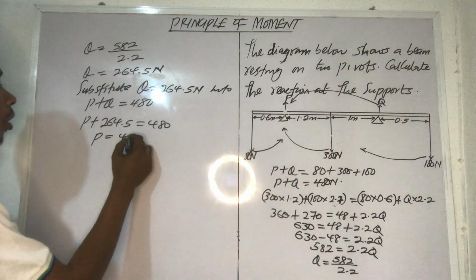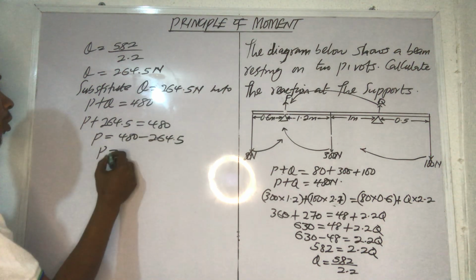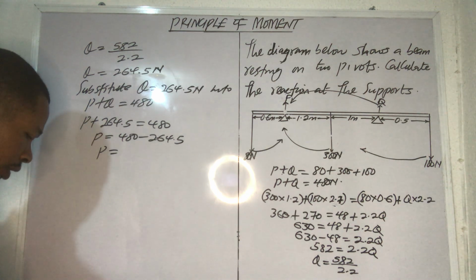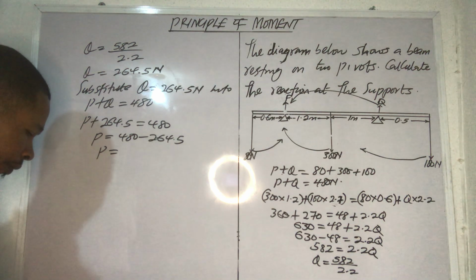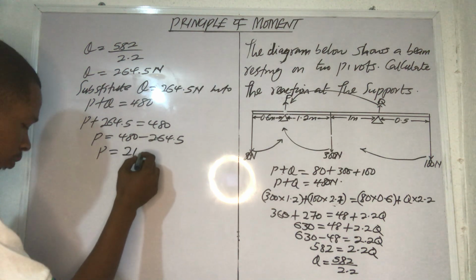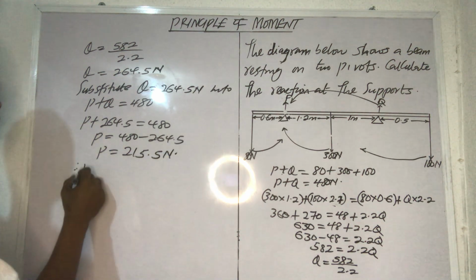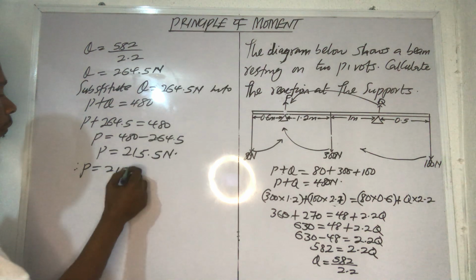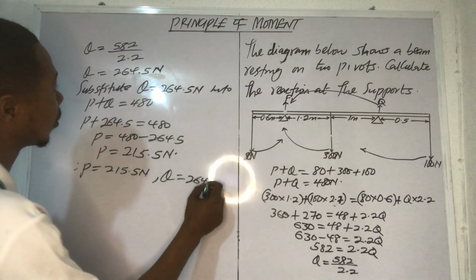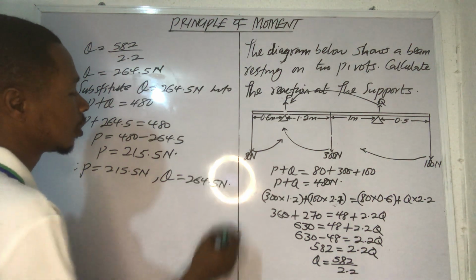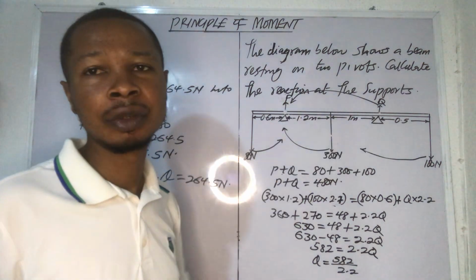Then Q is equal to 480 minus 264.5. That will give me 215.5 Newton. Therefore, our P is 264.5 Newton, while Q is equal to 215.5 Newton. So these are the reactions at P and Q respectively.